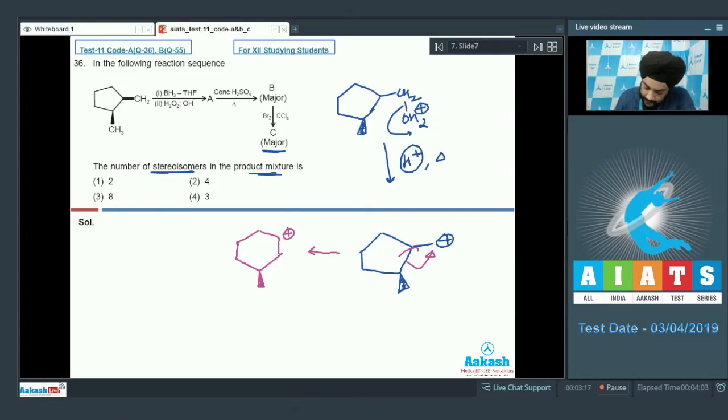So this will now undergo deprotonation upon heating and lead to the formation of an alkene indicated by this structure.